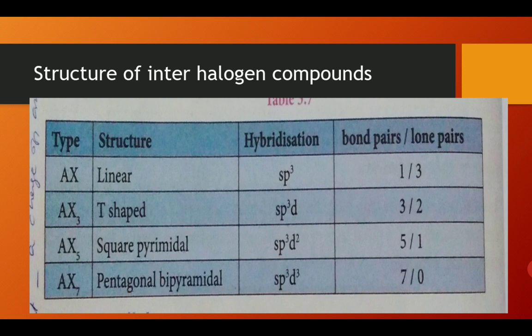Then AX5 is square pyramidal, the hybridization is sp3d2, bonded pairs are 5 and lone pair is 1. Then finally AX7 is pentagonal bipyramidal, the hybridization is sp3d3, the bonded pairs are 7 and lone pairs are 0. This is very important, so you must remember both structure and hybridization together.